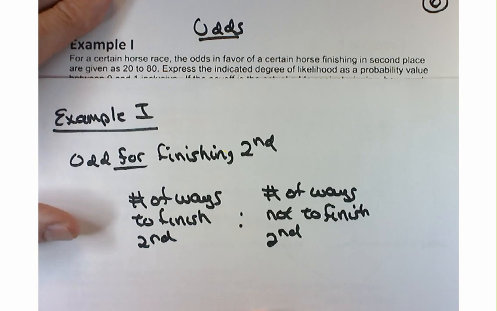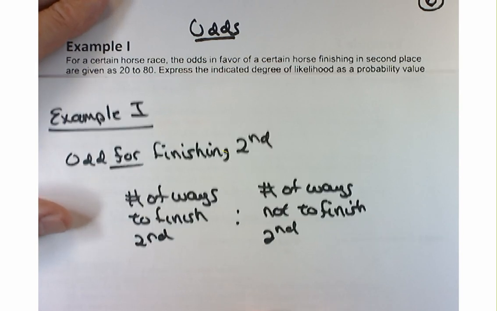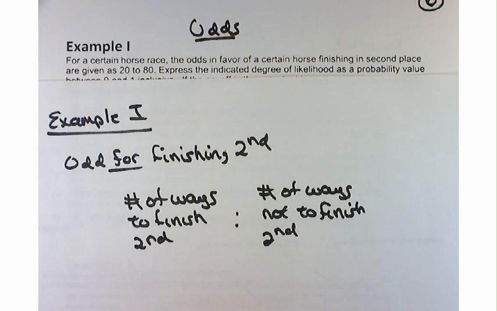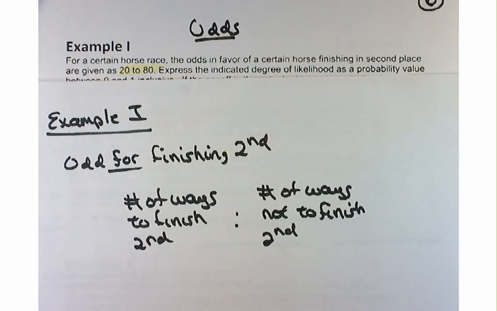And they all but give it to you here. Can anyone tell me what that ratio would be? Nice, it's in lowest terms, thank you. Let's start out with it in terms like this. The first pass at this is, there's 20 ways you can finish second, 80 ways that you're going to finish something other than second.